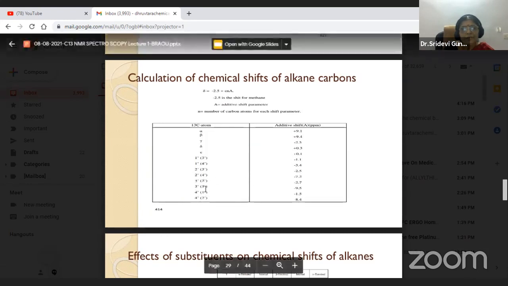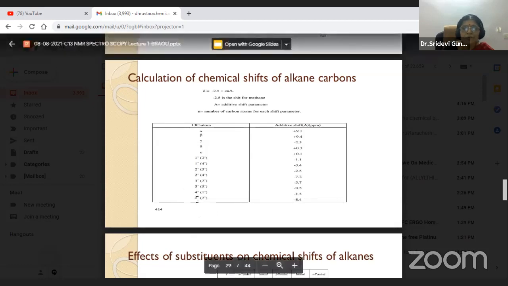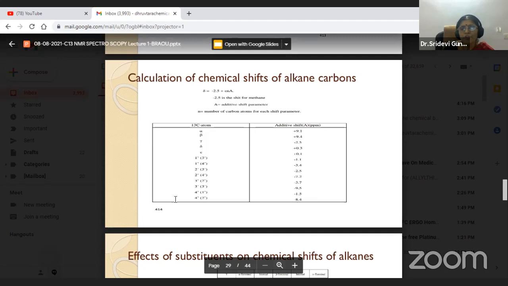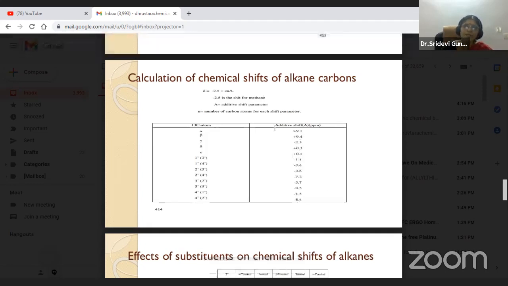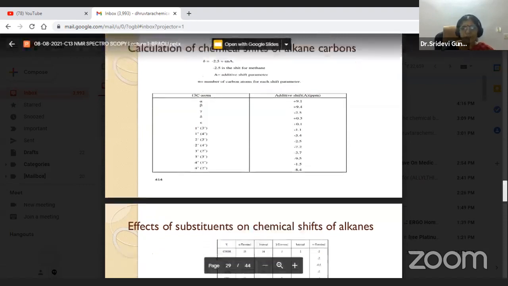Tertiary carbon attached to another tertiary carbon, minus 9.5. Quaternary carbon attached to primary carbon, minus 1.5. Quaternary carbon attached to secondary carbon, 1.4. So these are the parameter values that you incorporate in this equation to get the calculated chemical shift of that particular carbon under consideration. We will do some calculations in the next class.